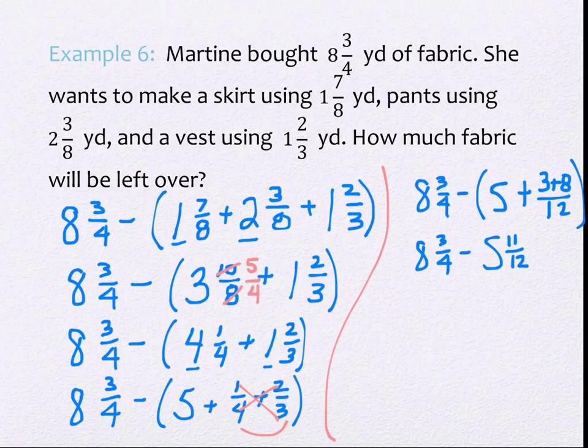Okay, I'm going to do the same thing I did with the mixed numbers before. That is, I'm going to work with the fractions and the whole number separately. So 8 minus 5 is 3. The 3/4 and the 11/12 is a really good example where I probably don't want to do the cross multiplication on this one, right?